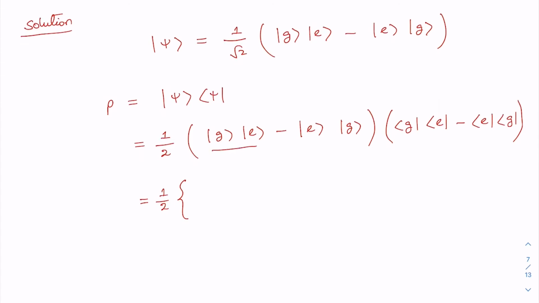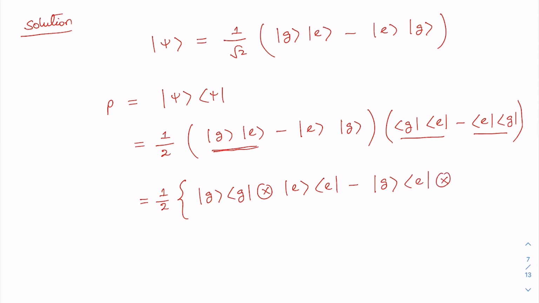So this one tensor product with this one is going to give me ket Z bra Z tensor product with ket E bra E. Then this one with this one will give me ket Z bra E tensor product with ket E bra Z.